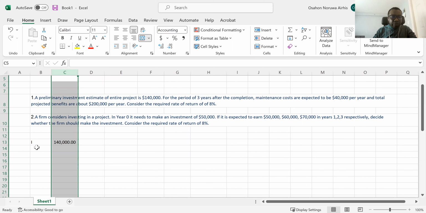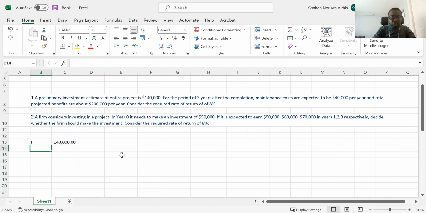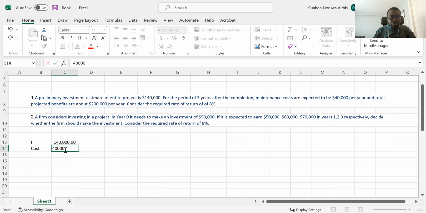Then we're given that we have a cost, let's call it full cost C, which is 40,000 each for 3 years.